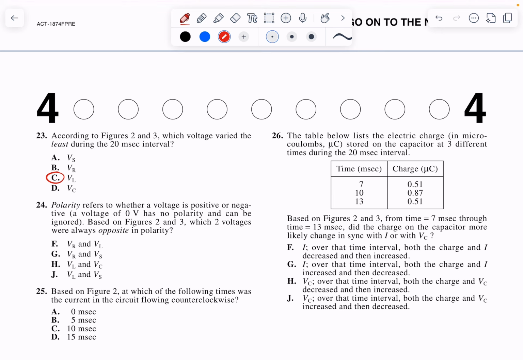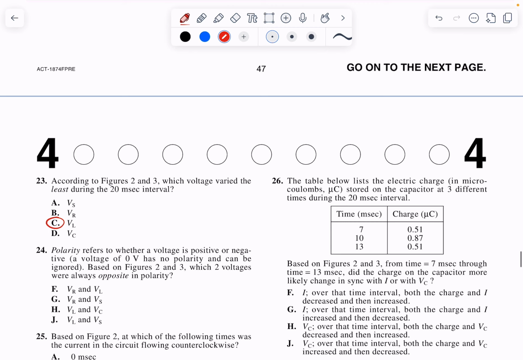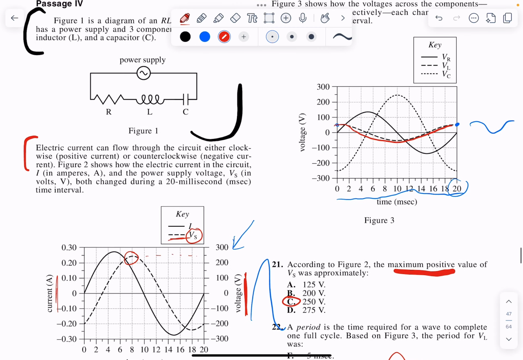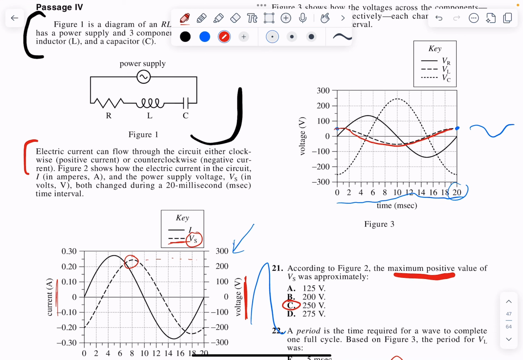Okay, 24. Polarity refers to whether a voltage is positive or negative. A voltage of 0 volts has no polarity and can be ignored. Based on figures 2 and 3, which two voltages were always opposite in polarity? Okay, so we're just looking for one where when one is positive, the other is negative. Let's clean this up a little bit.